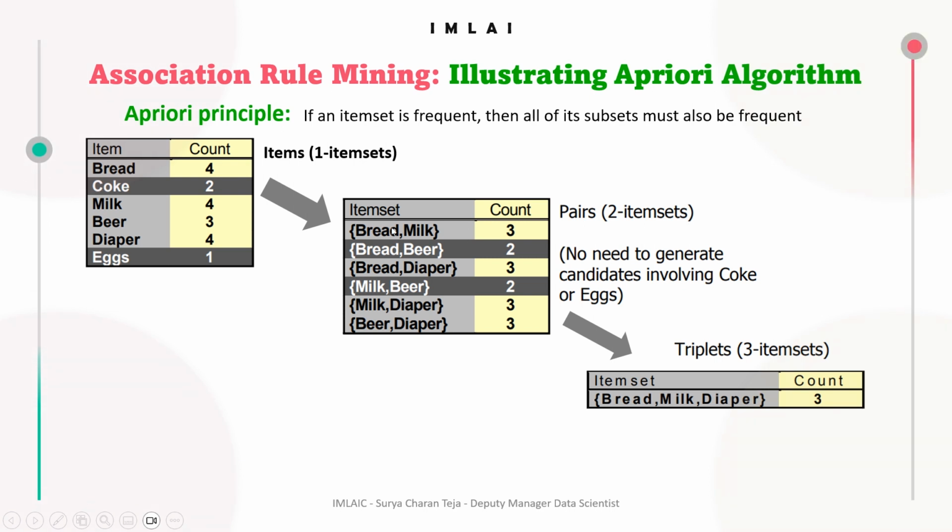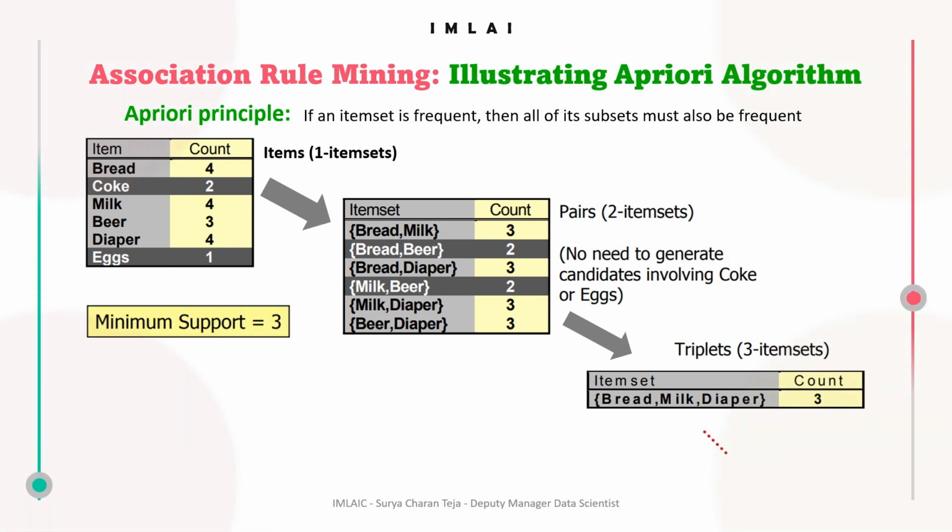So bread milk diaper, 3 count. That's what I got. And obviously the infrequent two item sets can be removed. So bread beer and milk beer can be removed, and I have removed them. Finally I got one triplet, which is bread milk diaper, the count is 3, and the remaining things have been removed.